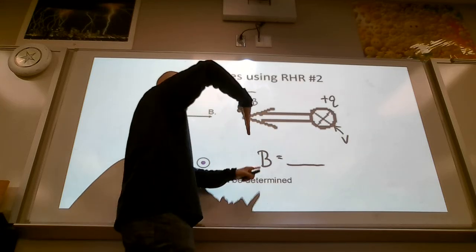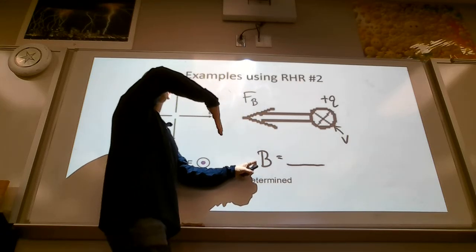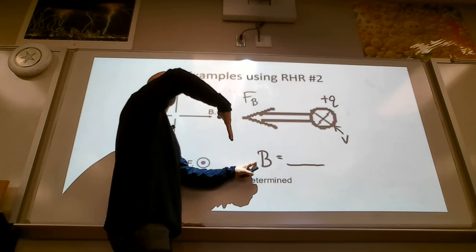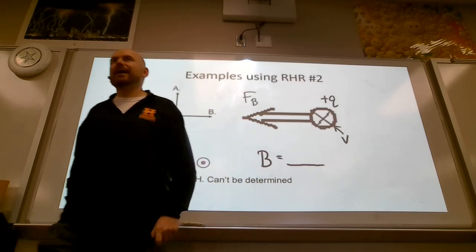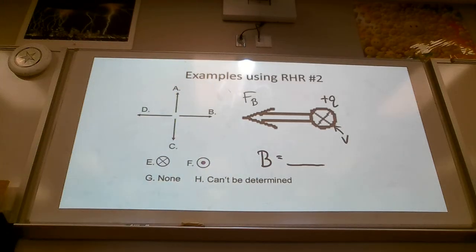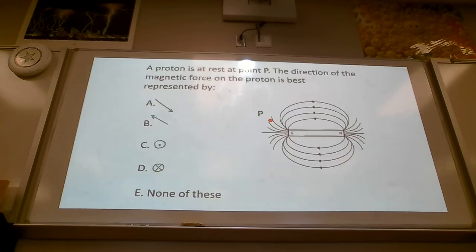Okay? You're looking for your magnetic field, which corresponds with what part of your hand? Fingers. Fingers are going down. Correct answer is down. How'd we do? Get it? It was hard to do that. Try that one.